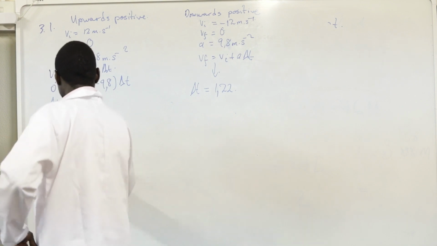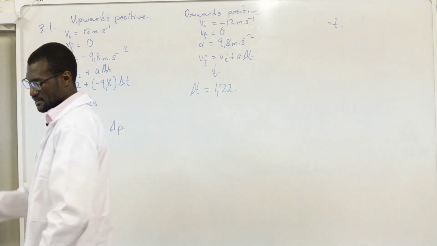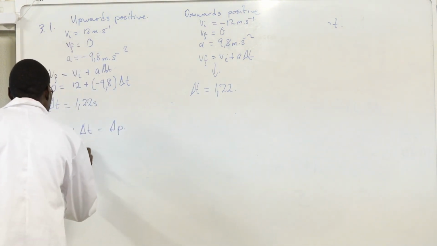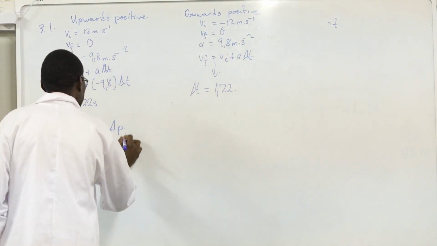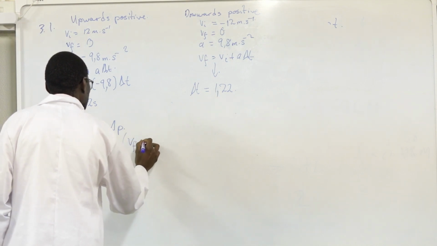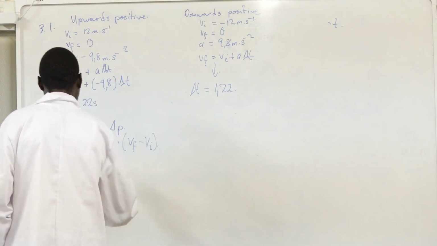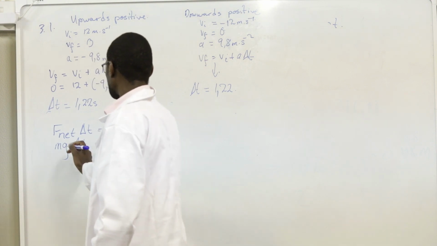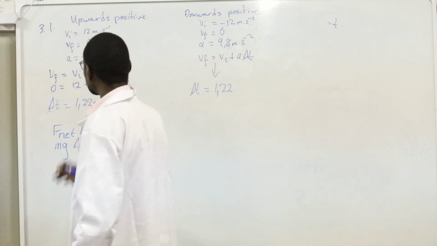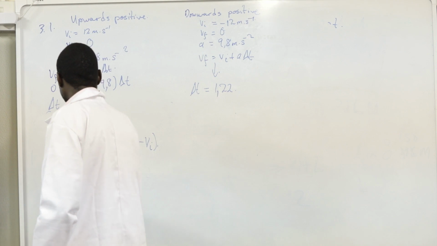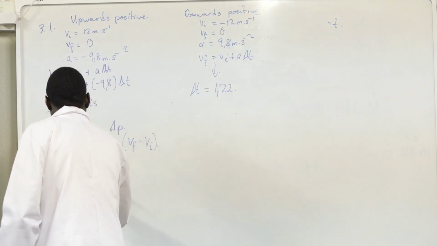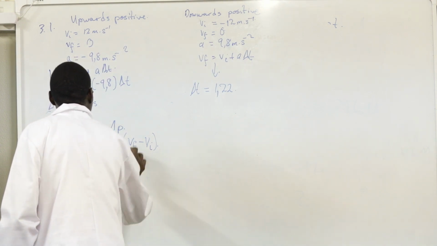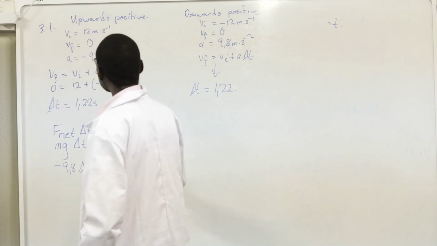In other words, the mass multiplied by g times change in t is equal to mass times v final minus v initial. Okay? The masses will cancel. All right? If I'm choosing my upwards to be positive, my downwards is negative 9,8 multiplied by change in t is equal to v initial.